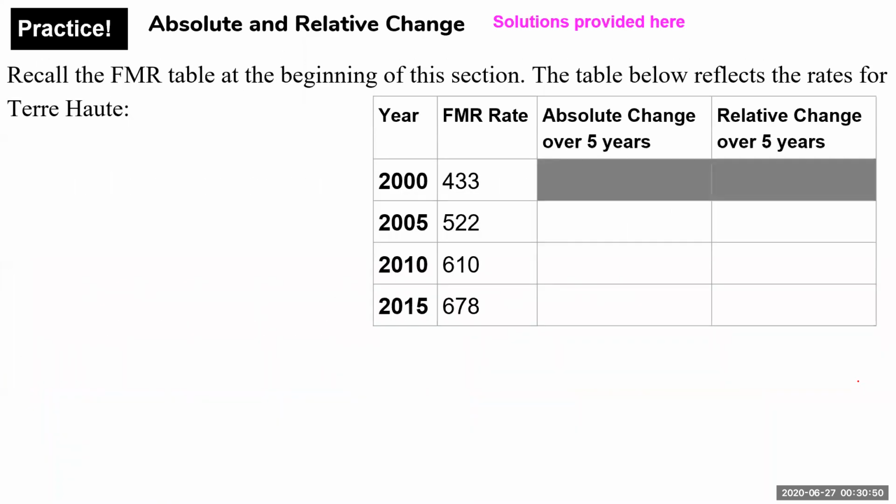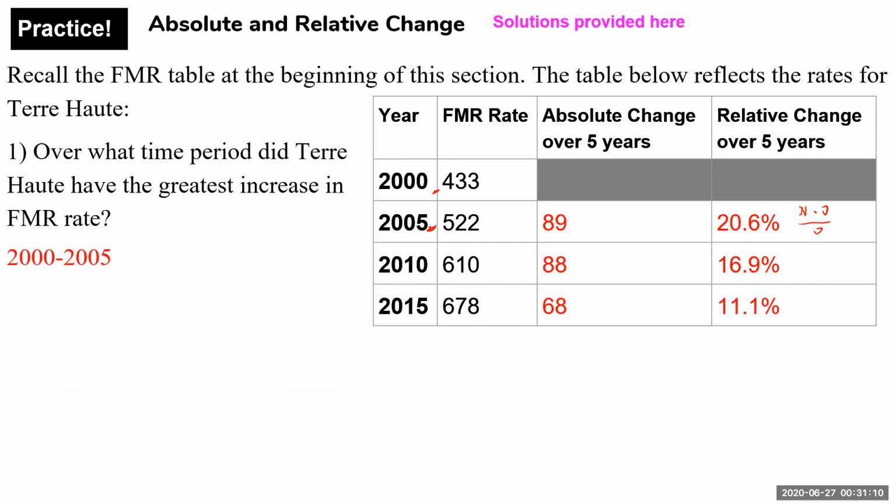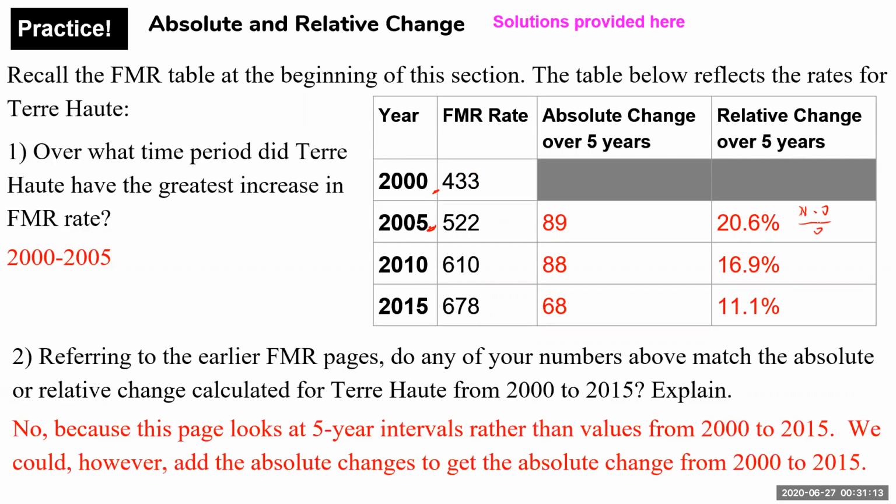So these are practice problems, really, and I'll take you through them one after the other. So Terry Holt, if you wanted to do the absolute change, this is the new, that is the old. We take that from there, and for relative, we have to do new minus old over the old, okay? And that is what all this is about, okay?